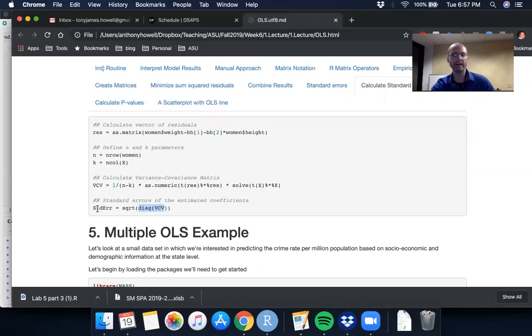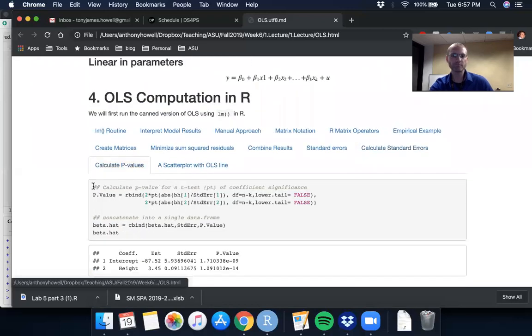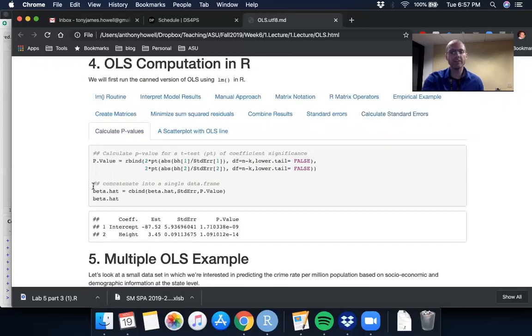Take the square root of that diagonal, and this is going to give us our set of standard errors. We then will calculate the p-value, which is using the information of our coefficient estimates and the standard errors that we've obtained in the previous couple steps.